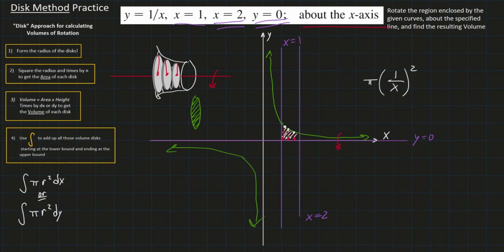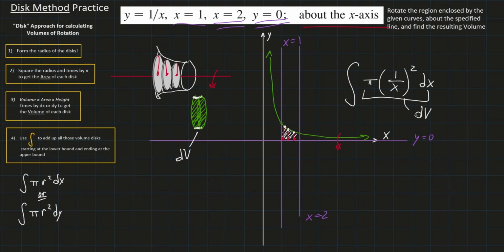And now I just need to multiply each one of these areas by a little bit of height. And this little bit of height will be dx, a little bit of x distance, to make that small disk volume. And of course, now that I have an equation which I plug an x into and get the small disk volume, I just want to add up all of these small disk volumes. Now for the bounds. What's going to be my starting bound, my lower x?